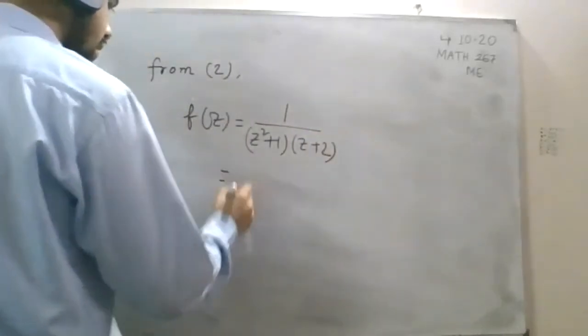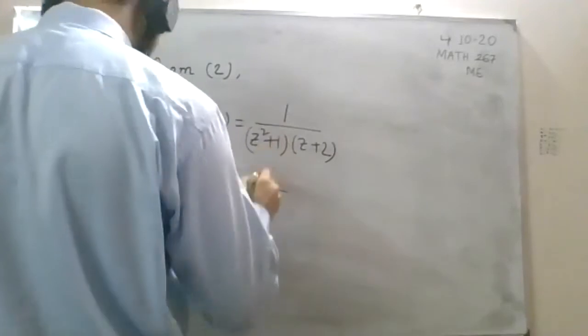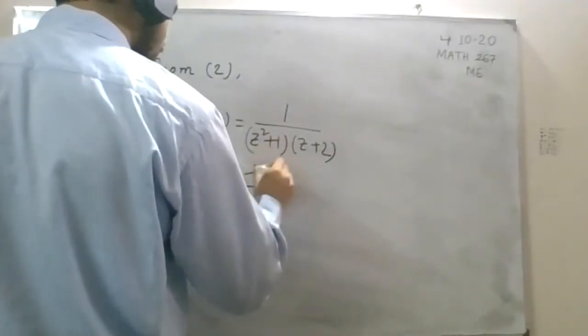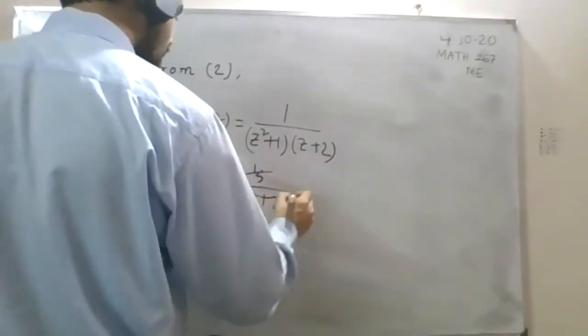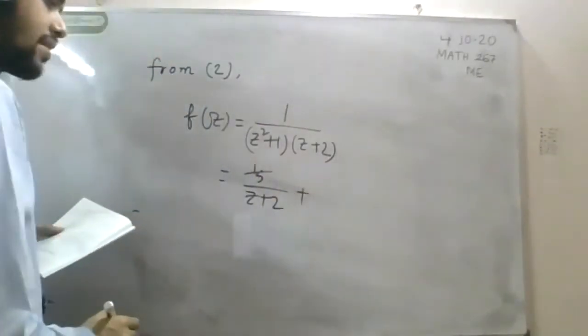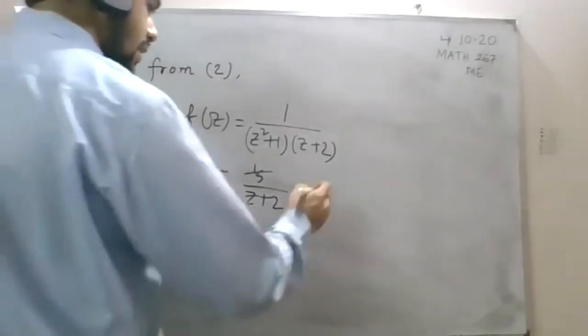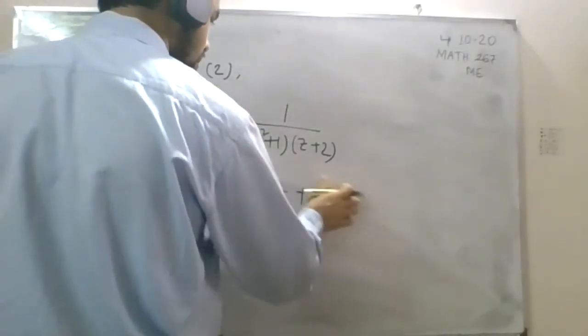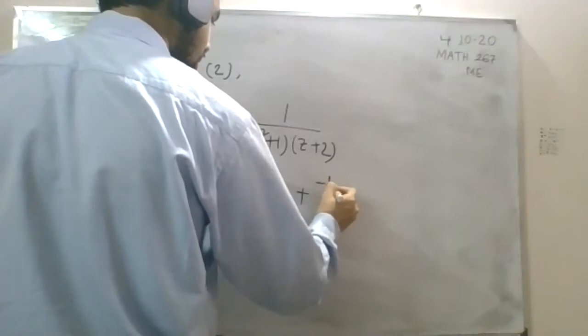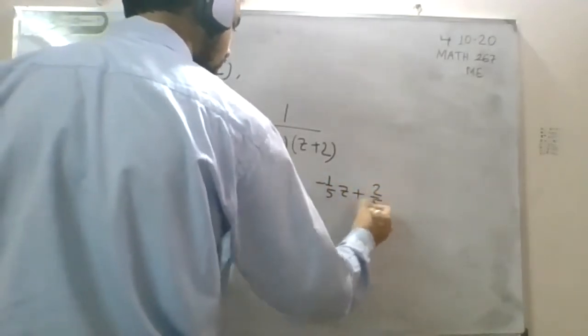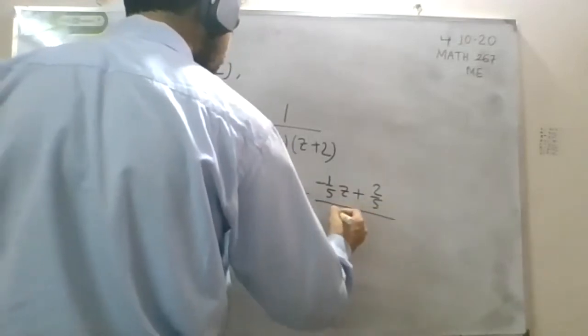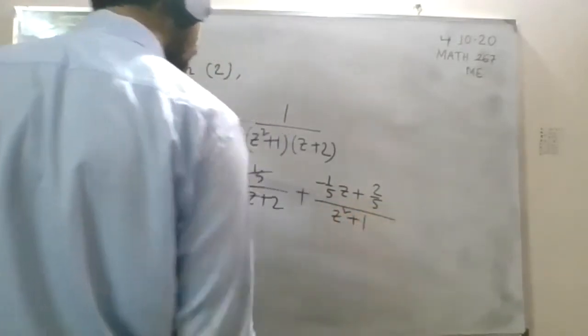Okay, and after that you already found the value of a, which is 1 by 5 into z plus 2, and also b z plus c, that means b is minus 1 by 5, z plus c, c means 2 by 5, and also this is z square plus 1.